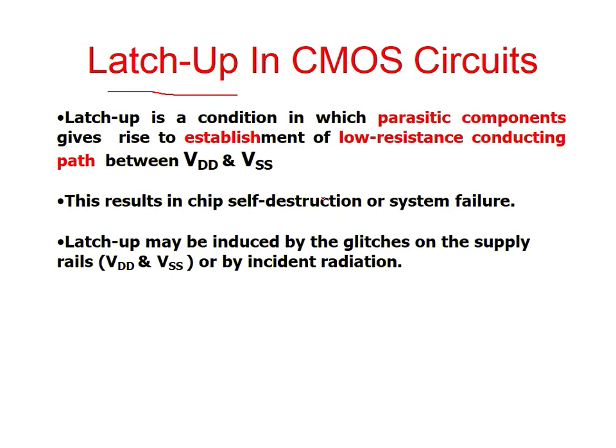That effect is called the latch up effect. This results in chip self-destruction or system failure. This is one drawback. Latch up may be induced by glitches on the supply rails or by incidental radiation. If there are any discontinuities on the wire, then this type of latch up effect will occur.